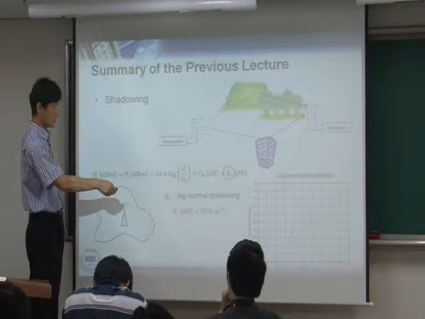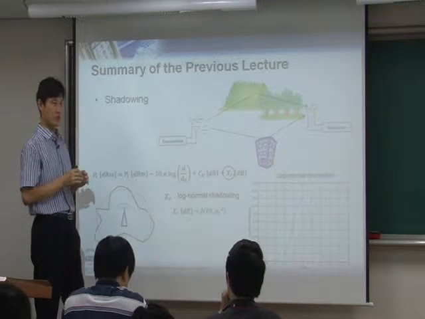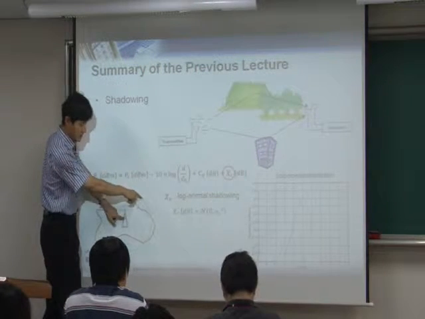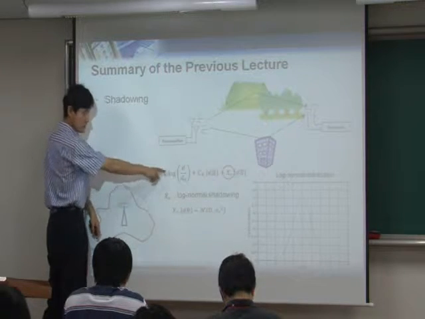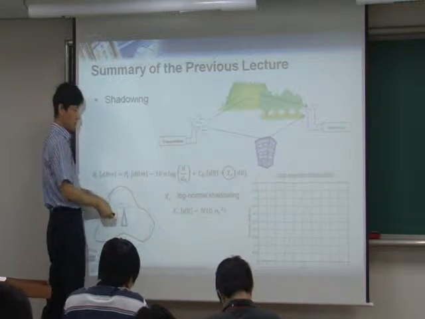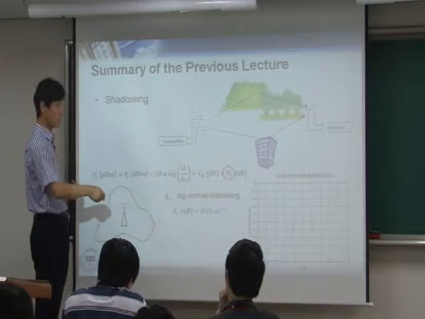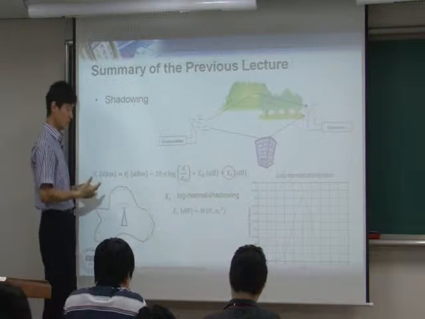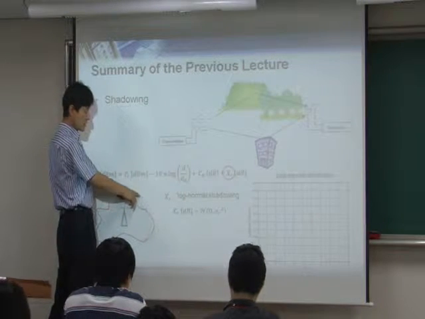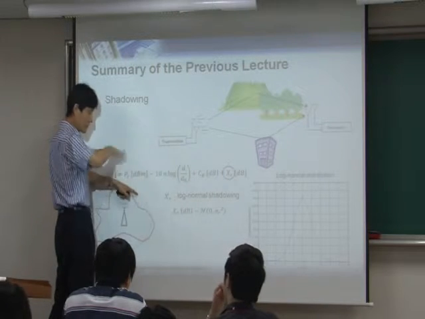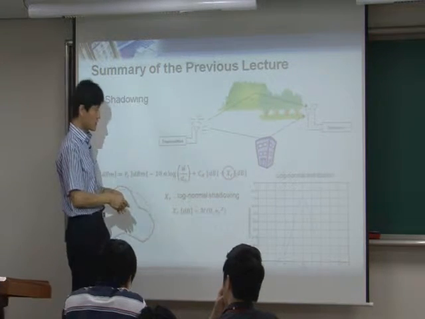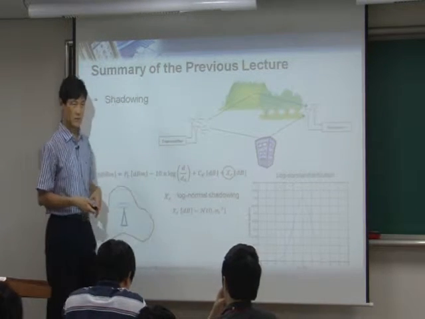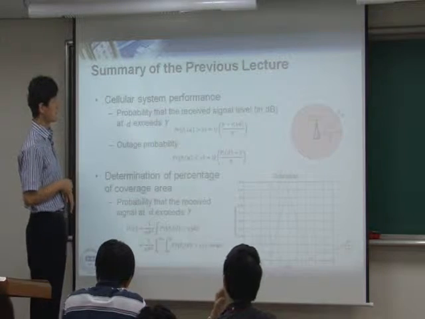If you stay here, this is going to be d. You put the d here, and you already know the path loss exponent. So on average, this is your long-term average receive power. But if you think about instantaneous power, sometimes it is high power, sometimes low power. It fluctuates, but that fluctuation, which is random, follows the Gaussian. That's what you can find out from shadowing.